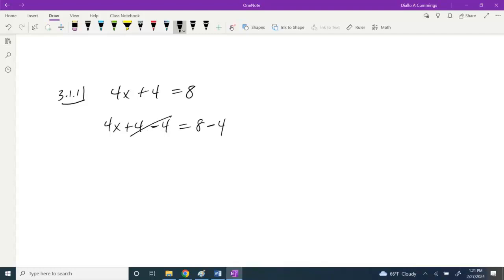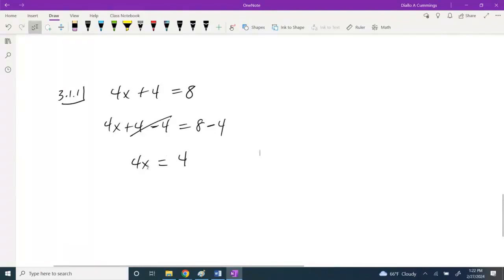So on the left-hand side, the 4's are going to cancel. I'm going to put 4x. And then 8 minus 4 is 4. Now I could have gotten the same thing if I would have simply taken positive 4 and transposed it. If I would have moved it to the right-hand side, it would become negative 4, and 8 minus 4 is 4. All right, so transposing can actually save a step.